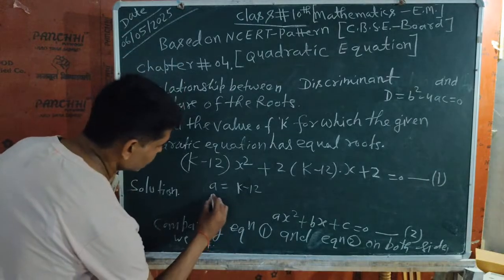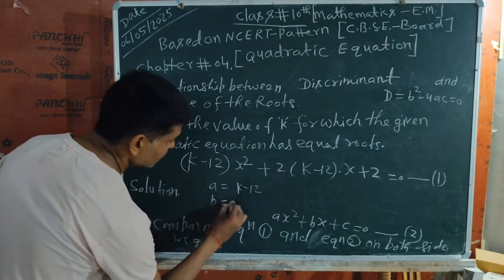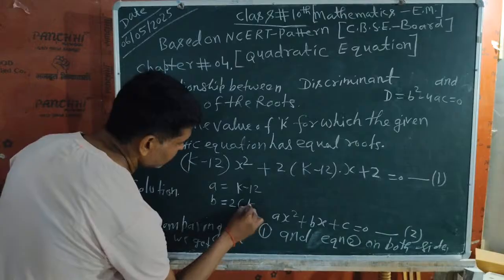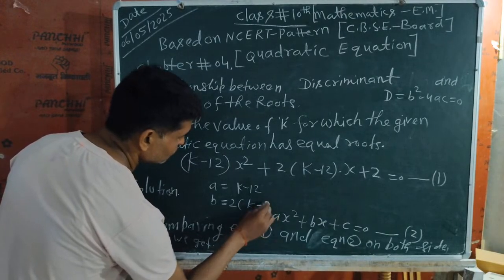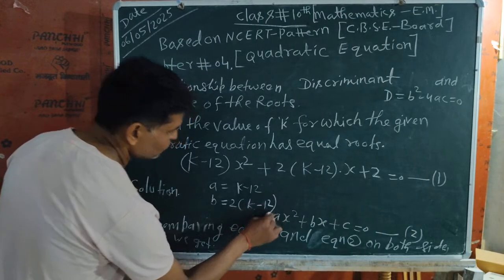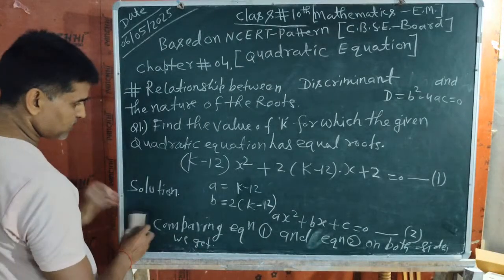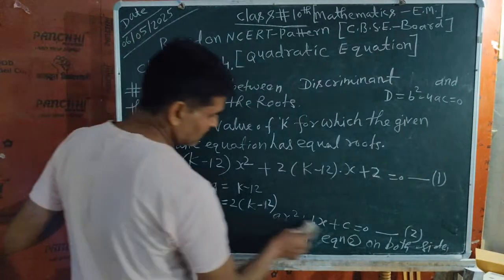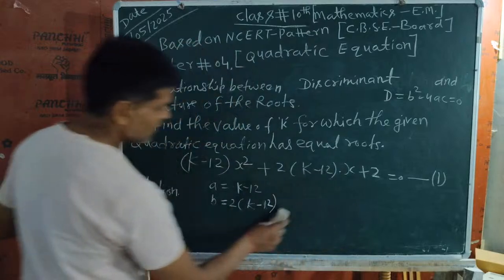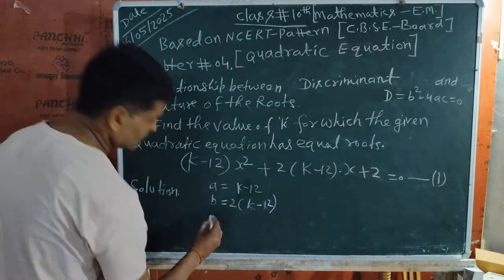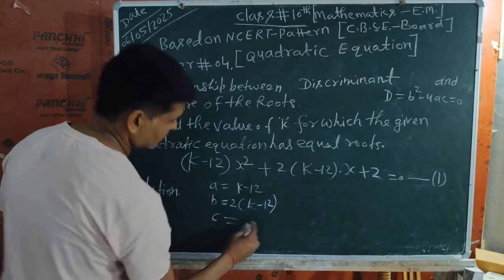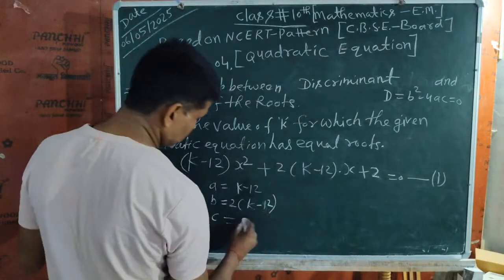So I write here 2 times k minus 12. Okay student, now further I am going to erase this information, and in equation number 3, that is c, in the given equation that is equal to 2.